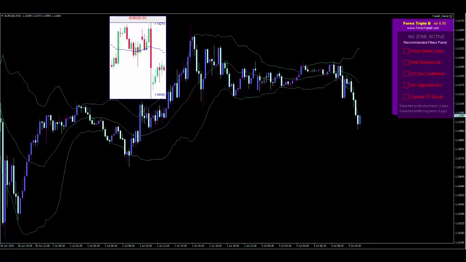Inside this dashboard you can find 5 filters which my system is looking for. The first one is to make sure we are in a price zone. Once it makes the confirmation, you get a check. The other thing it checks is risk reward. It is checking for divergence to be confirmed on the higher time frames, and making sure we don't have opposite divergence.